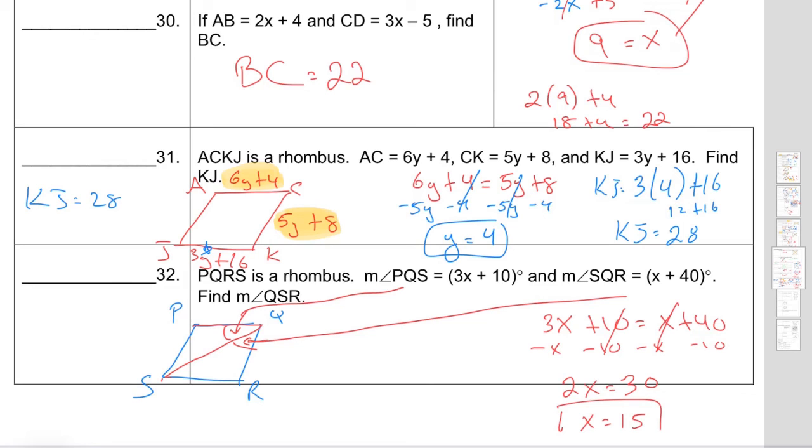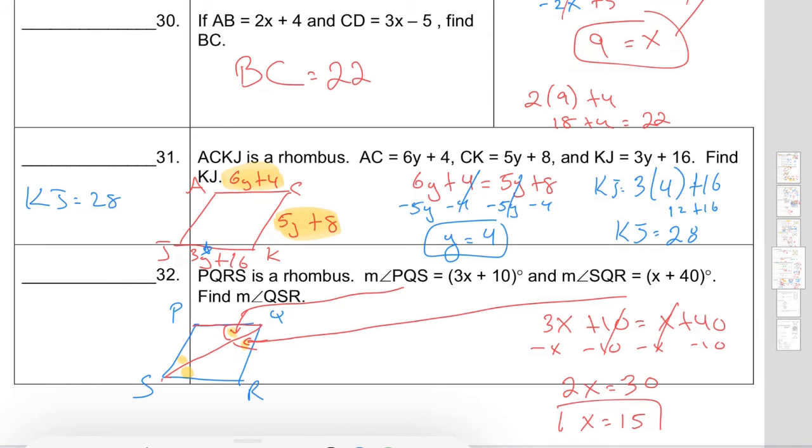Once I know that x is 15, now let's go back. It says find the measurement of QSR. QSR is this angle there. But nonetheless, remember, these two angles here should be the same as these two angles there because they're the opposite angles of a rhombus and they're both being bisected.